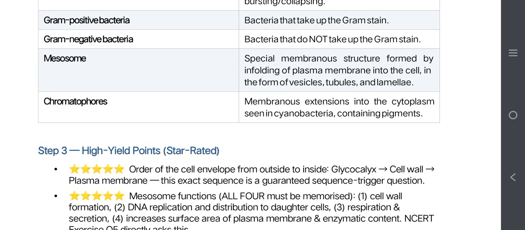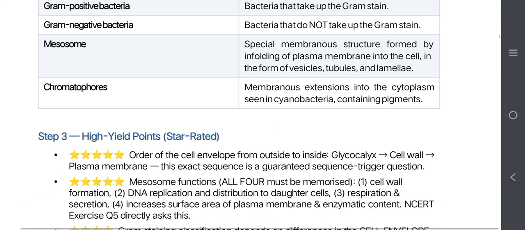We'll talk about mesosomes. Mesosomes are special membrane structures formed by the infolding of the plasma membrane into the cell in the form of vesicles, tubules, and lamellae.